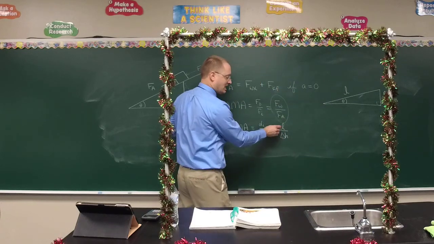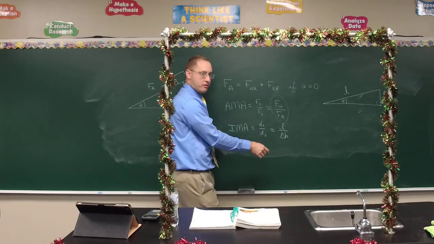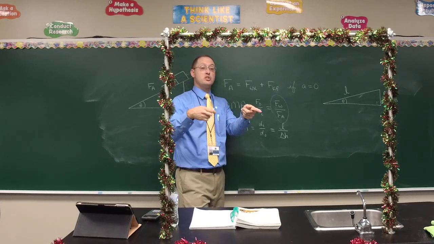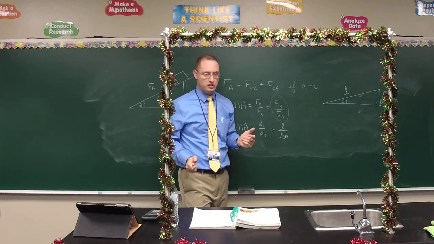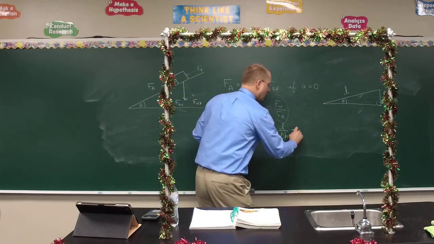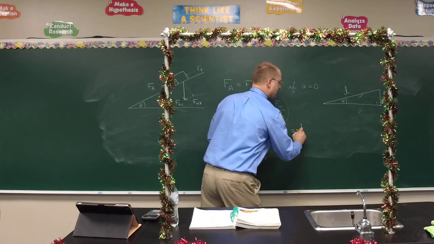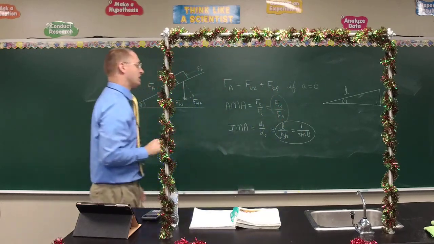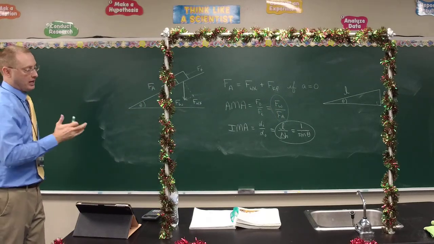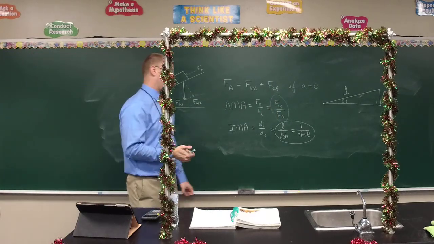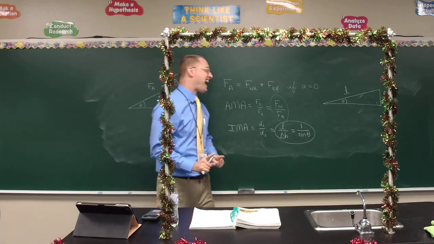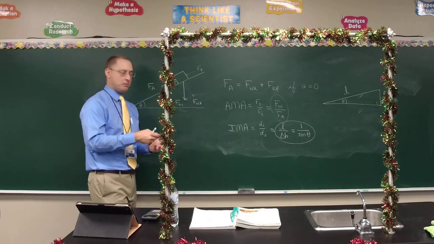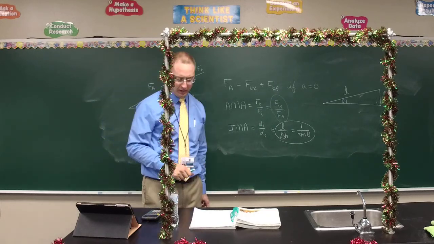The IMA is the inverse of that. It's the reciprocal of that. You guys know this. We would call that the cosecant. But that doesn't really help because we don't have a cosecant button anyway. So Kendall, it's not the sine, it's the reciprocal of the sine. And we have two ways to calculate the IMA. Either length over change in height, which literally is input distance over output distance, or if you're given the angle of the ramp, take the sine of theta, the sine of the angle, and then take the reciprocal. And that'll give you the IMA of the ramp as well.